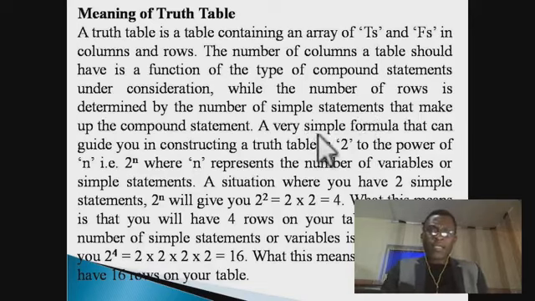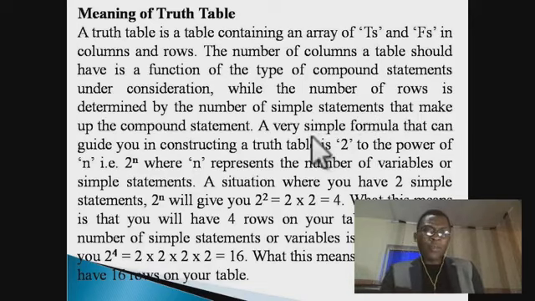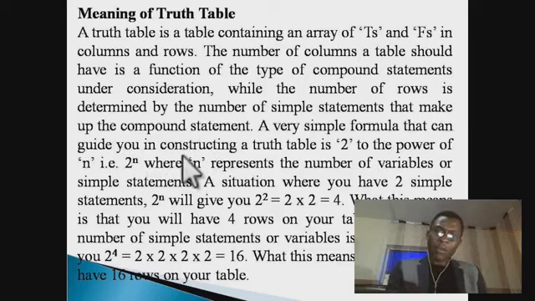So there is a very important formula that we need to take note of, and it is 2 raised to the power n when we construct a truth table, because you need to know the number of rows and columns that you are going to have.